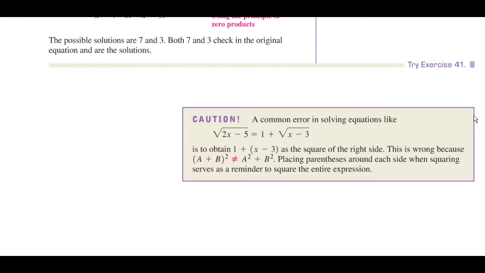Okay, they're just saying that when you do these, to get a solution, you have to square this and include the 1 when you square it. And again, that involves a special kind of squaring that you need to really become familiar with, because we're going to use that in chapter 8.